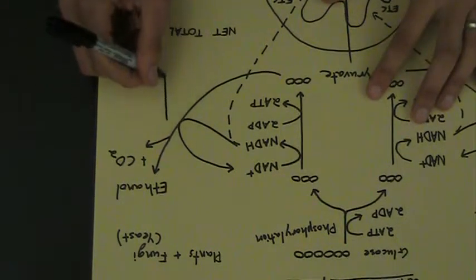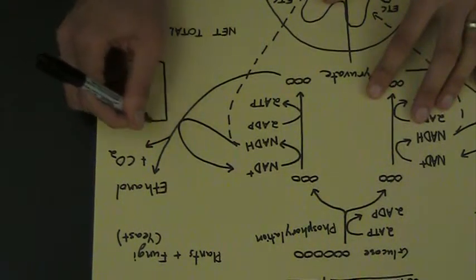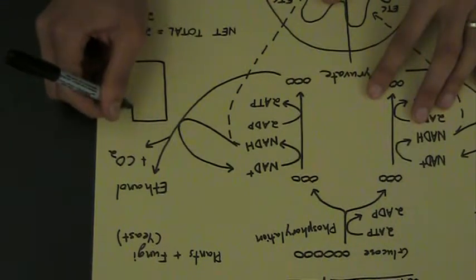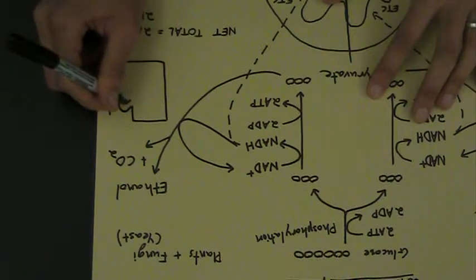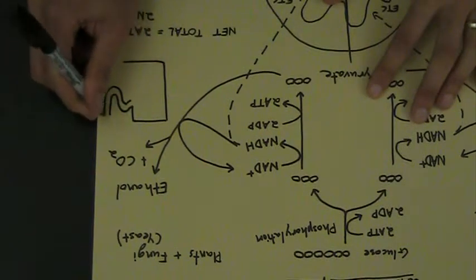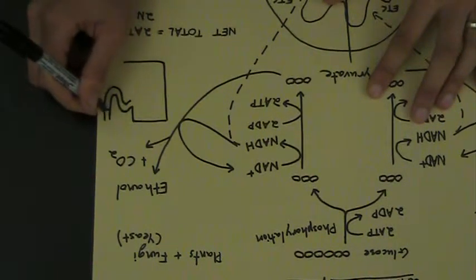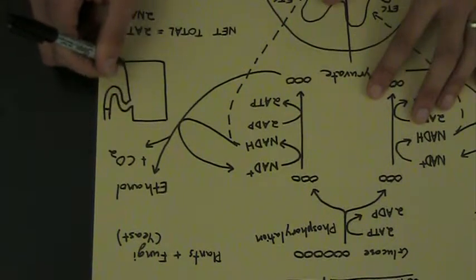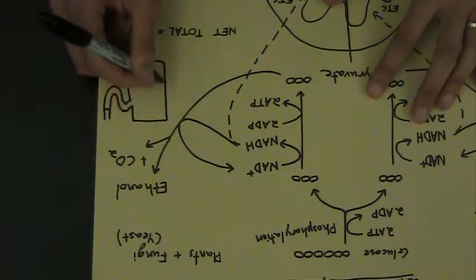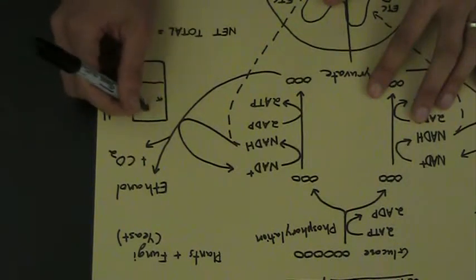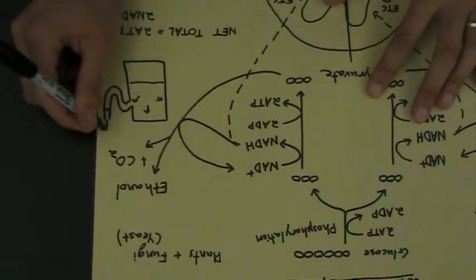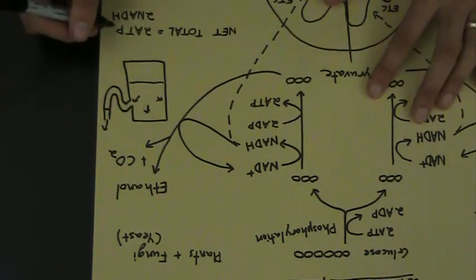Often that'll be a container with a sealed lid, but it's important to have some way for the carbon dioxide to escape. So often there'll be some kind of valve set up so that as the pressure builds up inside here, as carbon dioxide is produced, the carbon dioxide can escape, but oxygen can't get in.